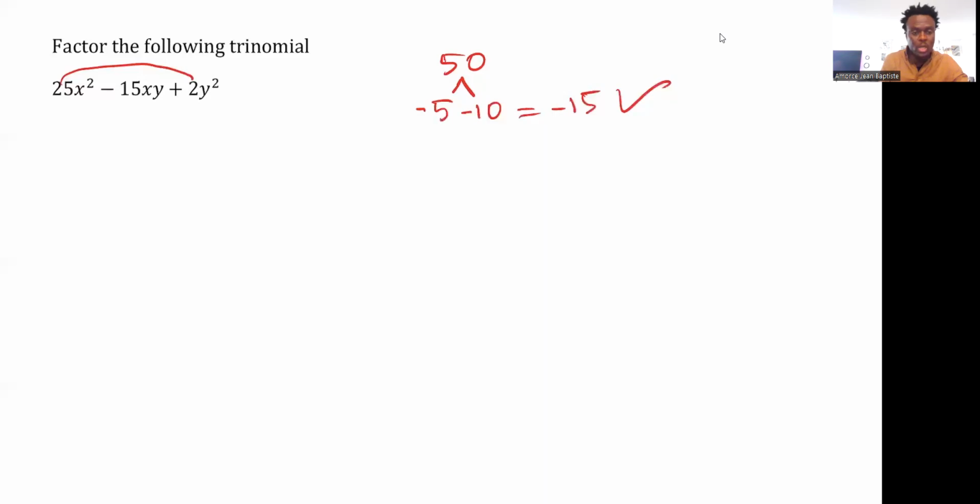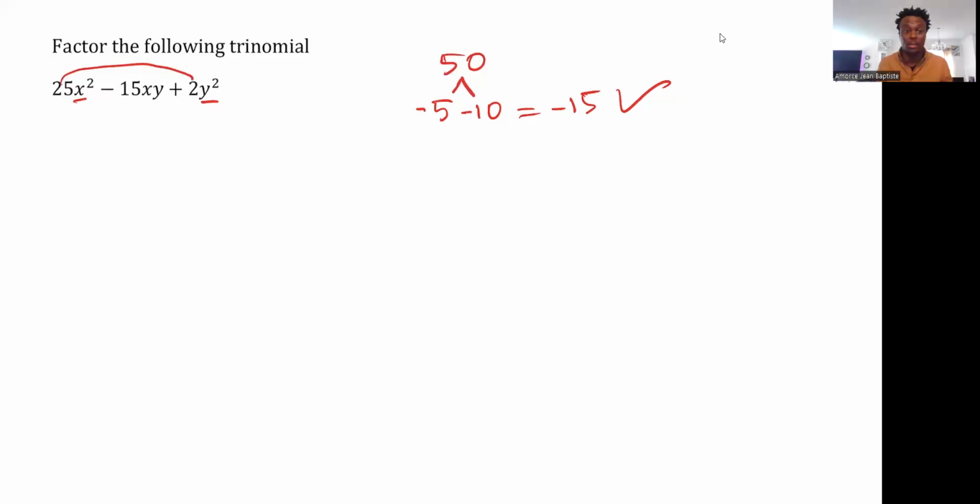That's mostly when you have two variables, I would ask you to do factor by grouping. Later on, I'm going to show you how to factor by using special products. But in this case, if you have a square variable and another square here, think about using group factoring.